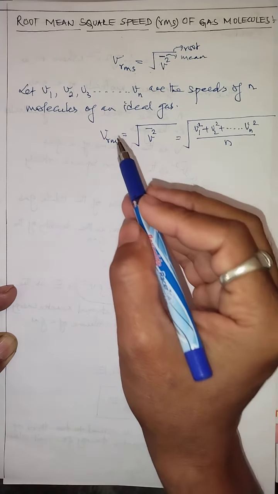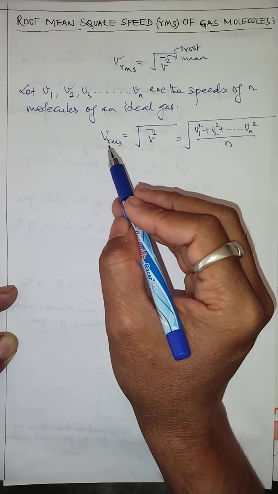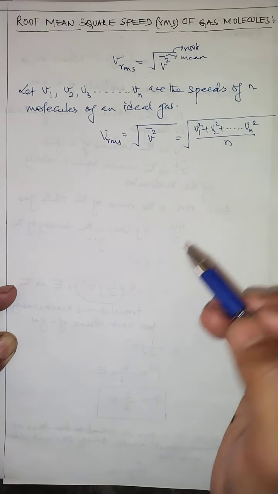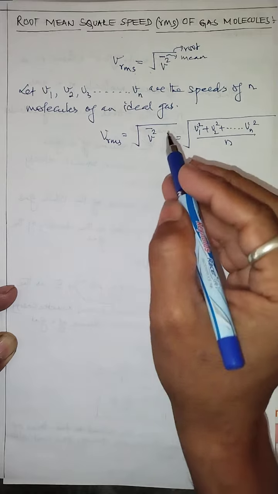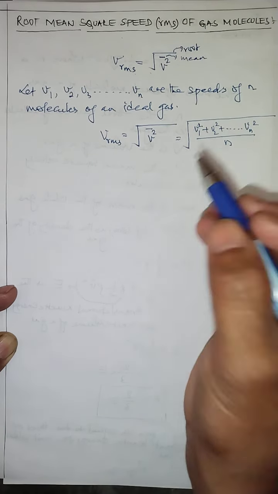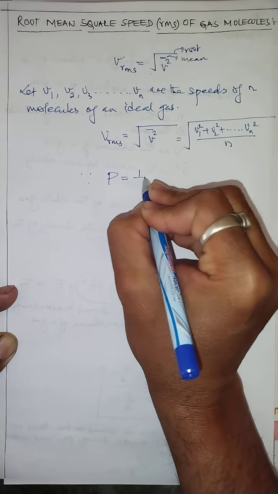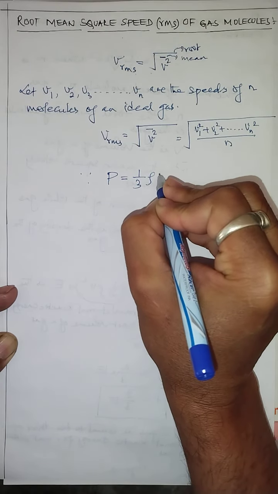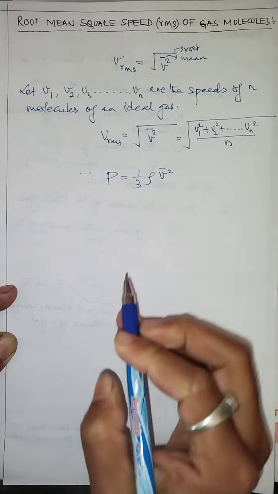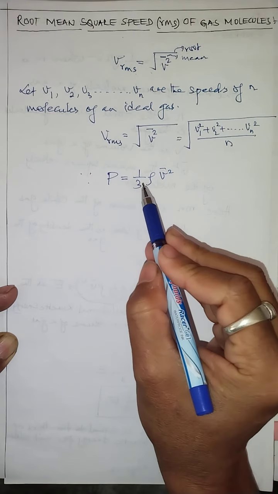But I write this expression of mean square speed in terms of pressure, because we know the expression for pressure in terms of mean square speed: P equals 1 by 3 rho times the mean square velocity. Let me write this expression of pressure in terms of density.